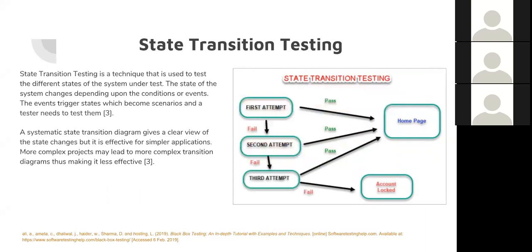And depending on whether it passes or not, it will then go to the home page. But if it fails, then it moves on to the next attempt, trying to get to the home page. And then if all three of them fail, then it goes straight to the account locked, and then it just ends.